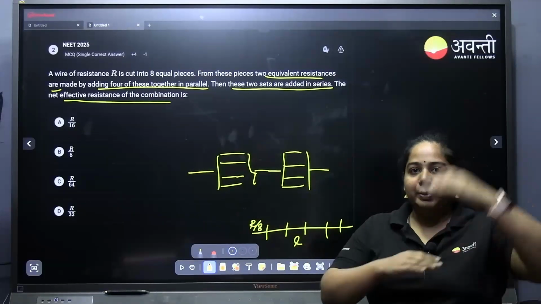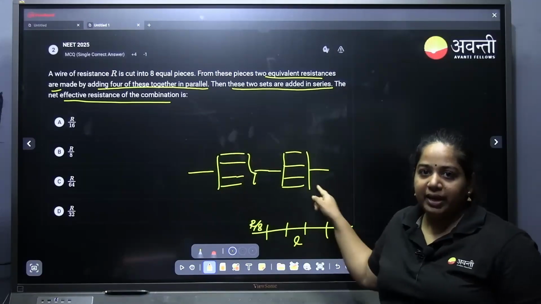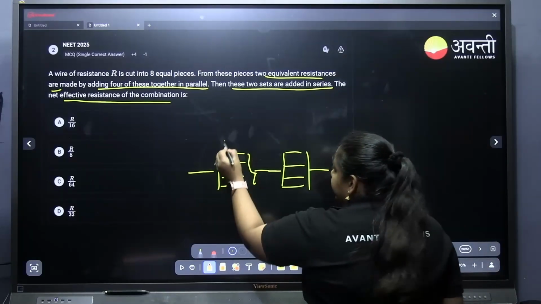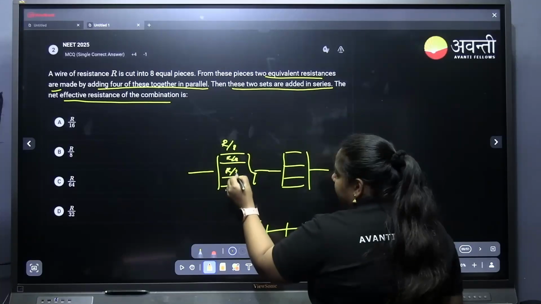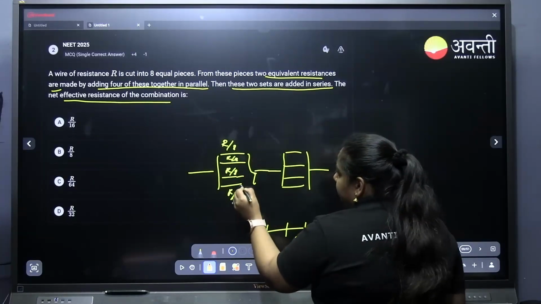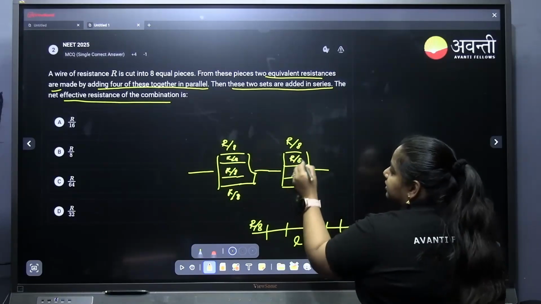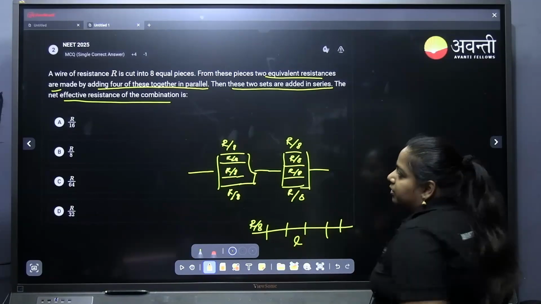Out of that, 4 pieces we add in parallel to make 2 sets, then connect them in series. Each individual piece has R by 8 resistance. So what will be the equivalent resistance of this combination? That is the question.